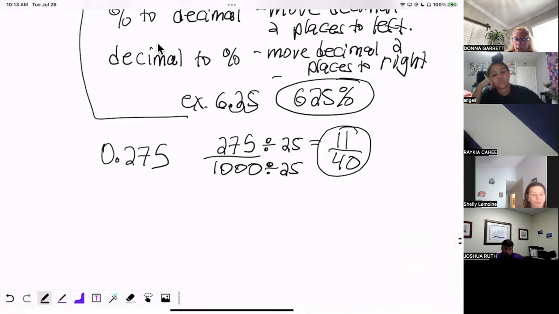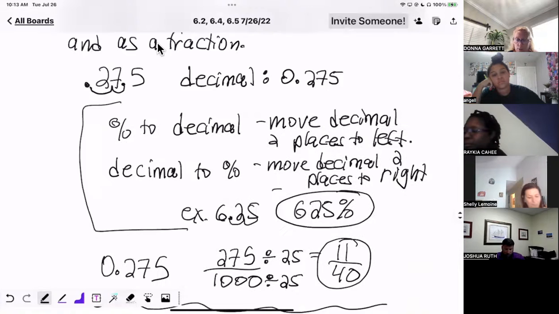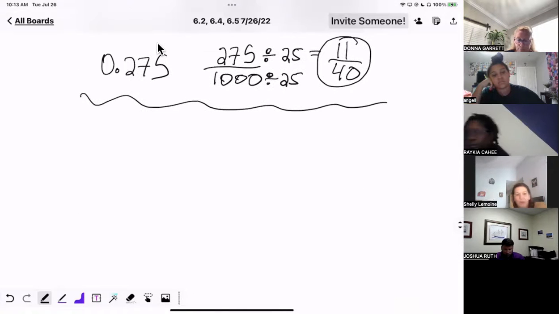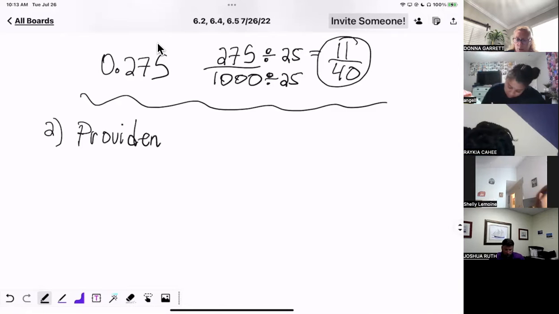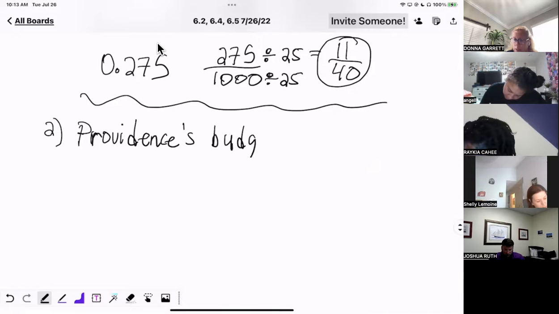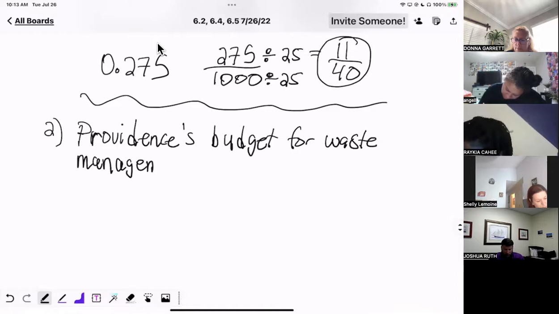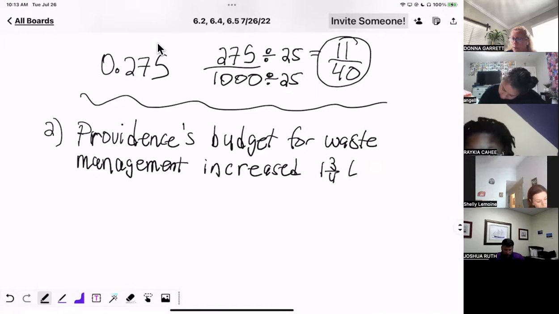Okay, let's try this one. Did I number it? Yes, I did. Number 2. I have 2 more. Providence's budget for waste management increased 1 3/4 times over the budget from last year.